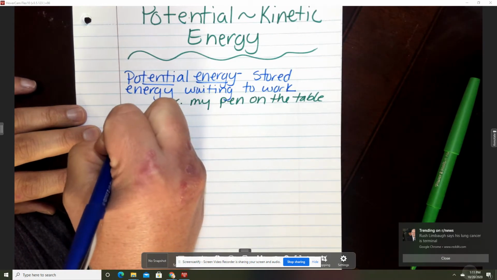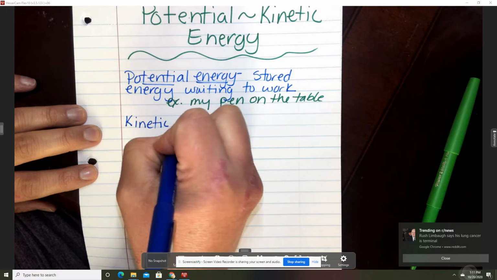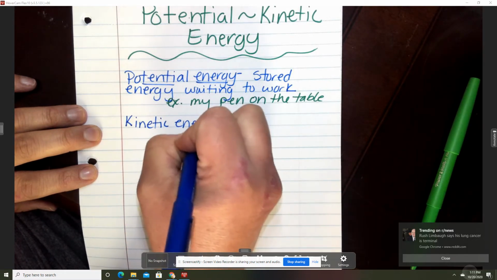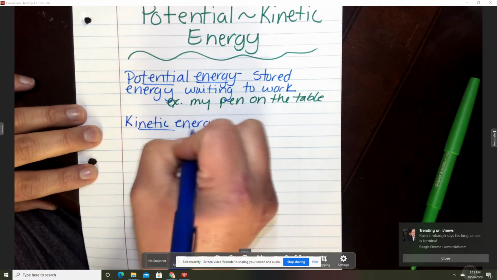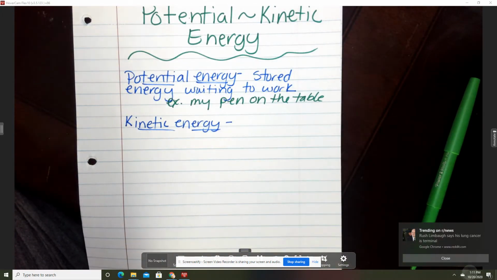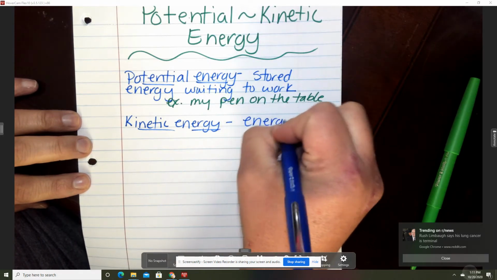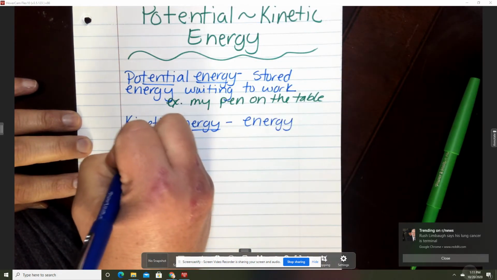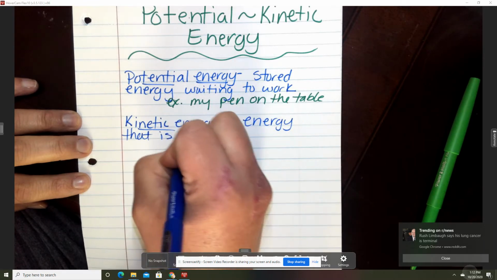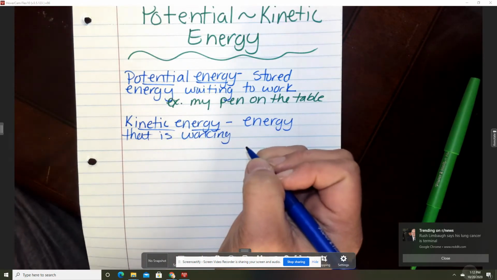So if potential energy is stored energy, then kinetic is energy that's working. Energy that is moving.